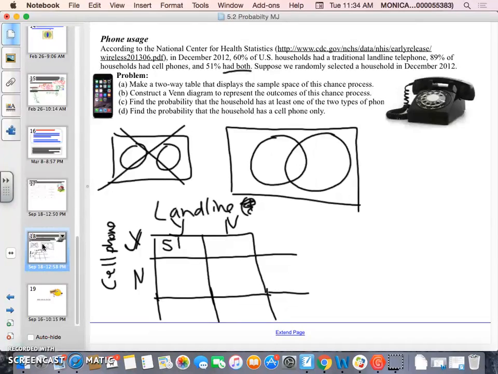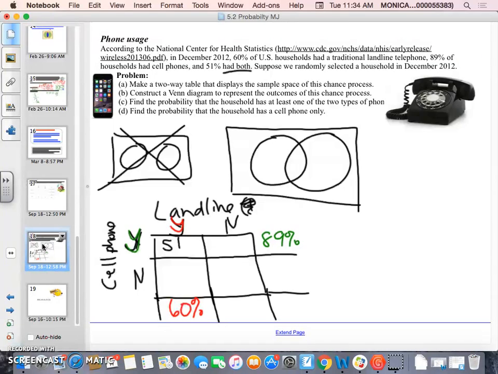And we know that a total of 60% had landline. So if you go down the landline column, this would be the yes landline column, all the way down here, that would be 60%. And over here, the cell phone column, this is the yes cell phone column. All the way over here is where 89% is going to go.